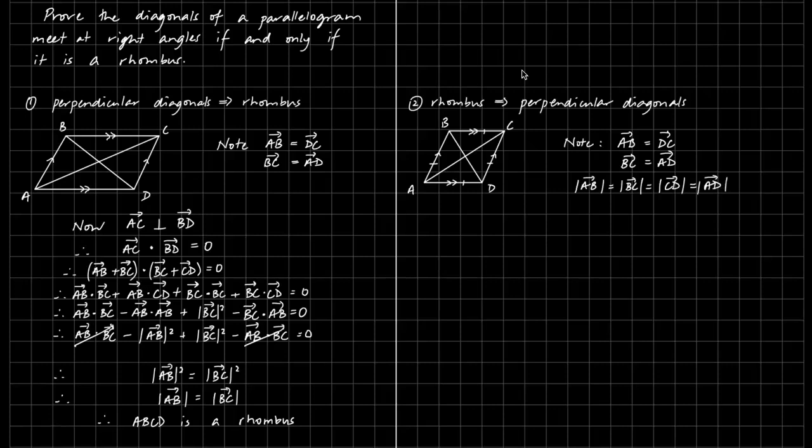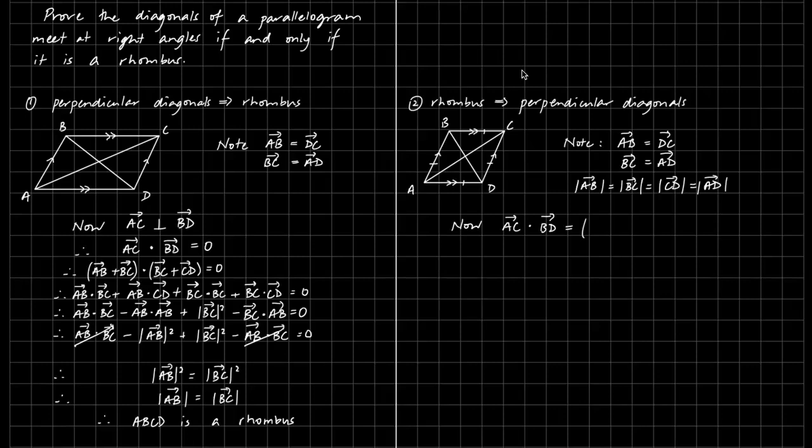Okay, so this time we're starting with that knowledge, and we're going to show that therefore the diagonals are perpendicular. So let's actually take the dot product of the diagonals, and if we can show that the result of that is 0, then we have shown that they're perpendicular.